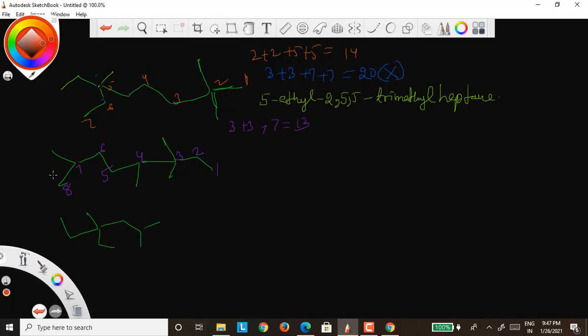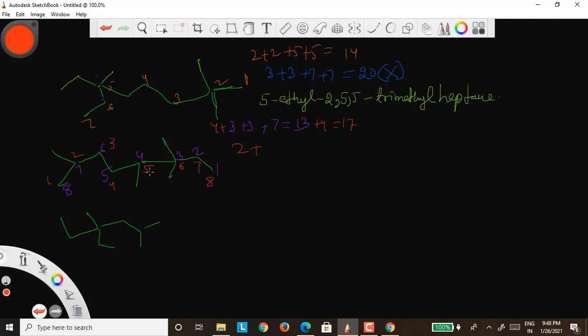Now let us number from left to right: 1, 2, 3, 4. Acha, 4 is also there. So 3, 3 plus 4 plus 4. So 13 plus 4, 17 is there. Left to right is coming 17. So right to left, 1, 2, 3, 4, 5, 6, 7, 8. So what is coming? Here coming 2.